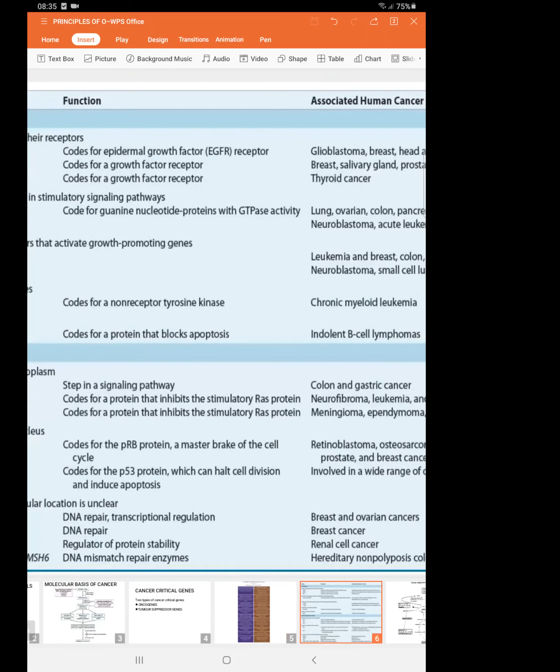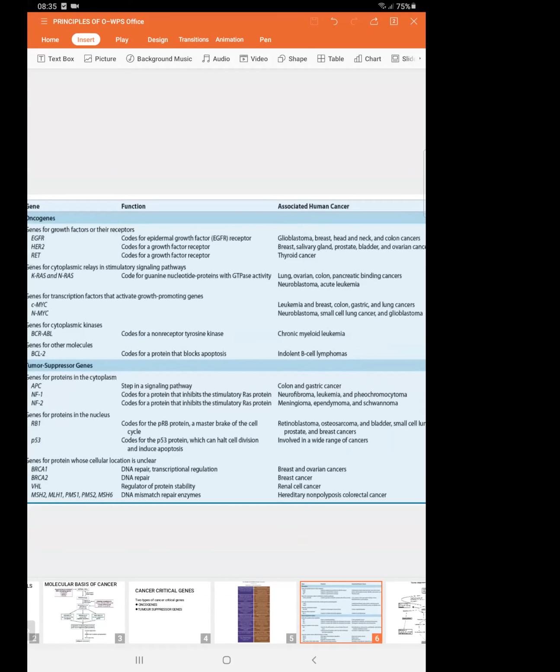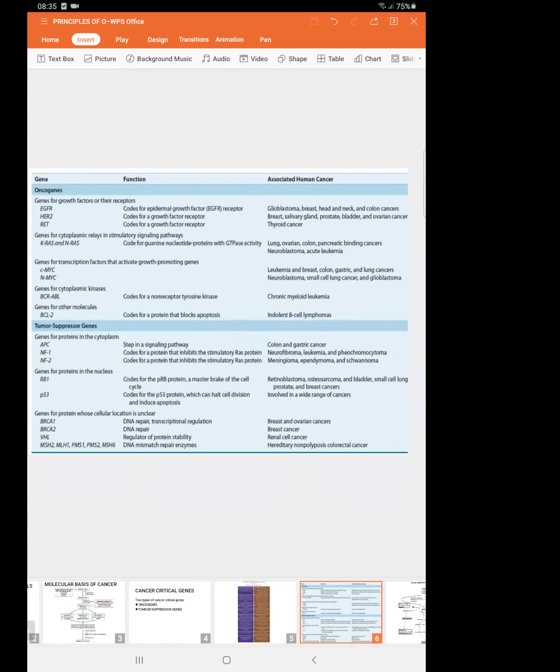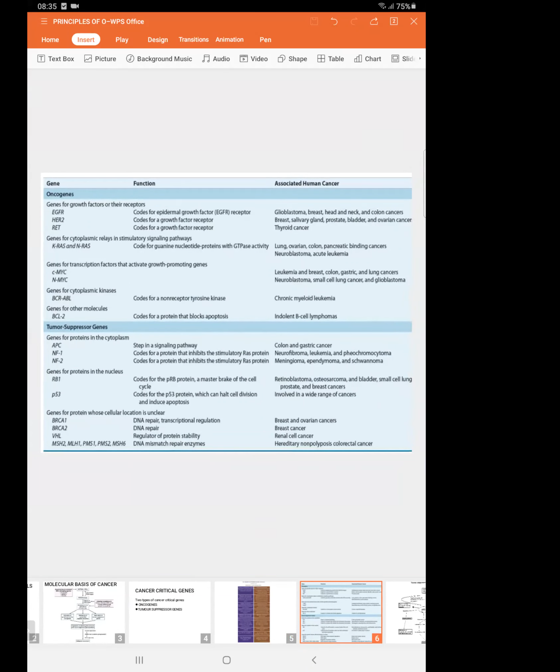Sir, these are some of the examples of oncogenes and tumor suppressor genes. For example, oncogenes like EGFR, HER2/neu, or RET proto-oncogenes have specific functions; they code for epidermal growth factor receptor or a growth factor receptor. But when there is a mutation, they lead to various human cancers like glioblastoma, breast, head and neck cancer, colon cancer.